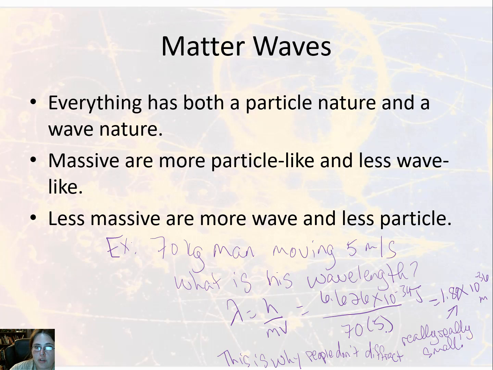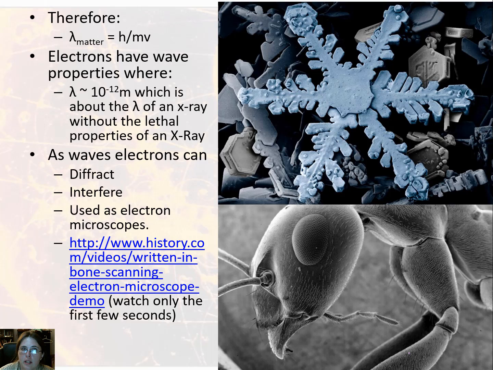If you remember, diffraction has to happen on an opening about the same size as the wavelength, and that wavelength is just too small, and people are way, way bigger than that. So we can't diffract. Okay, so lambda equals h divided by mass times velocity.